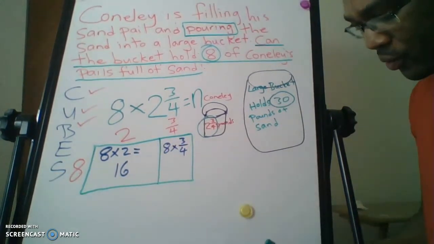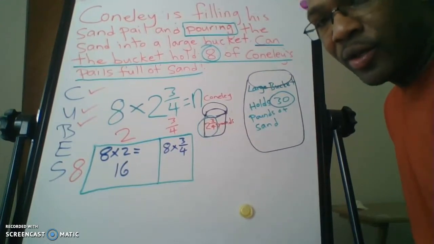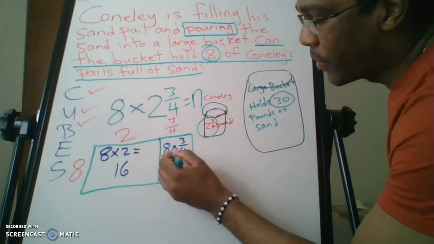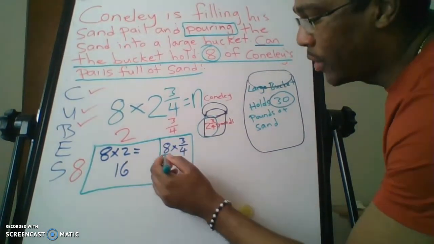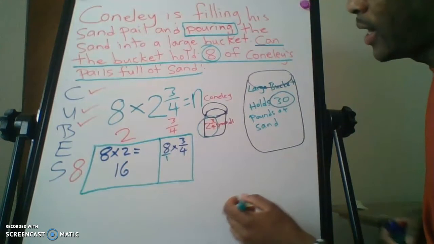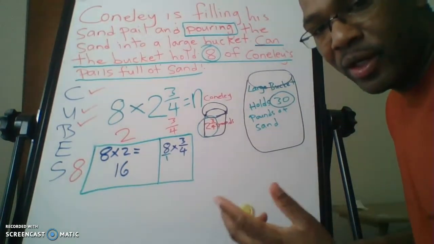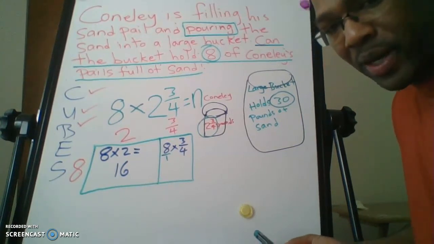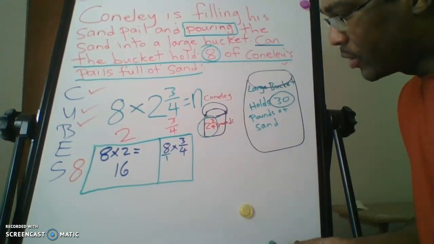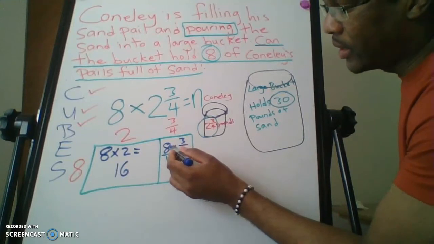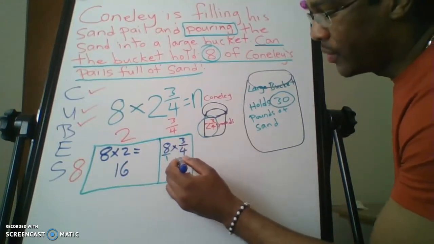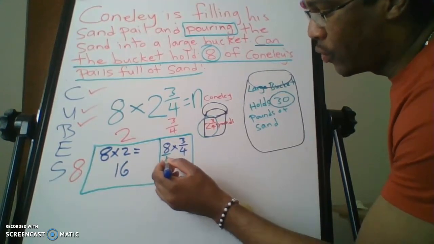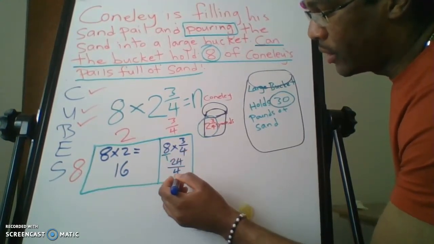Now, you know the steps to multiplying this: first put the whole number over 1, and then we multiply the numerators and then multiply the denominators. So 8 times 3 is 24 over 1 times 4 is 4.